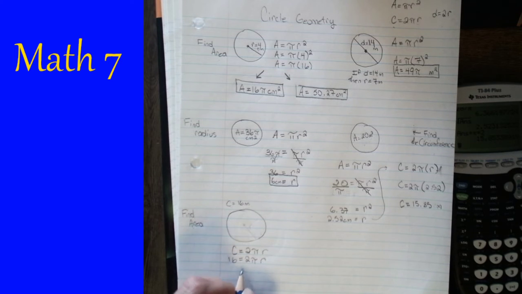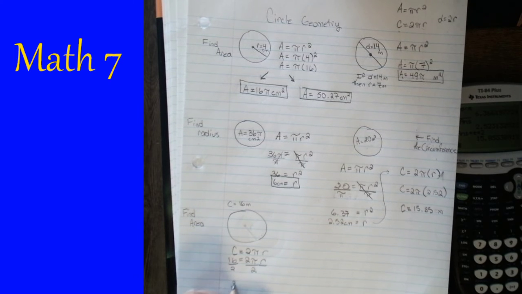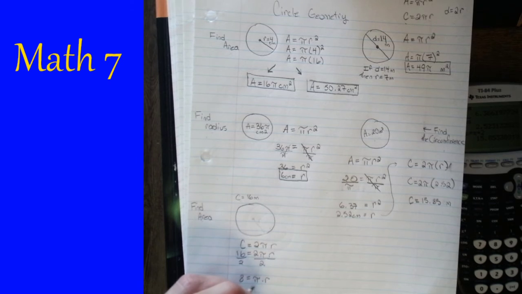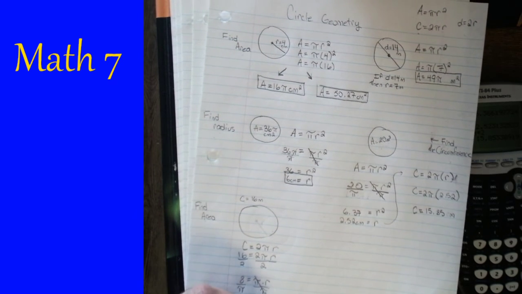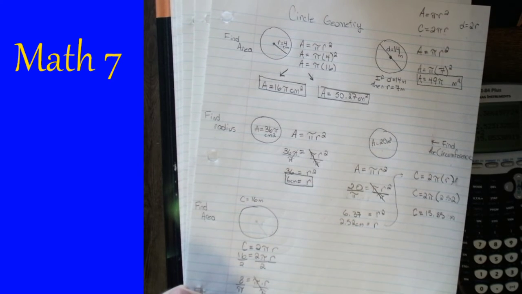So divide both sides by 2. 8 is equal to pi multiplied by r. Divide both sides by pi. r is equal to 8 divided by pi.